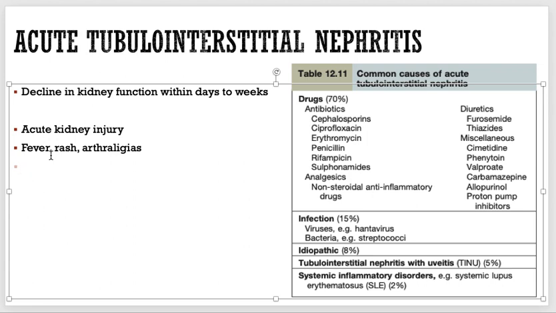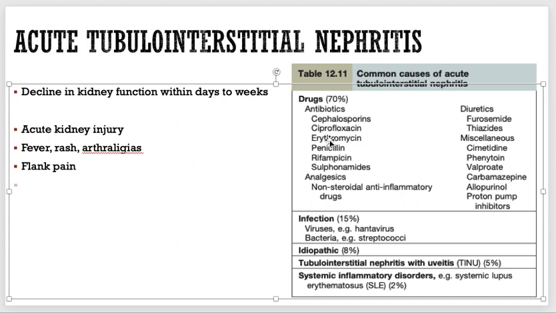Okay, and of course many times it can lead to pyelonephritis, so in that case flank pain can be there. Most of the time, if it is related to the drug, it occurs within 7 to 10 days after exposure to the drugs.